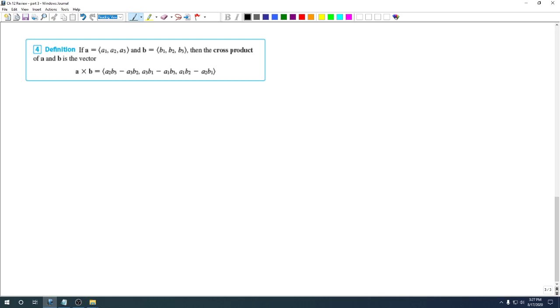It's very specific to 3 dimensions. But it has some very useful applications that means we definitely need to have this product to be able to do stuff. In fact, physics uses this kind of thing all the time in order to do various things. And we'll get into exactly why that is in a moment.